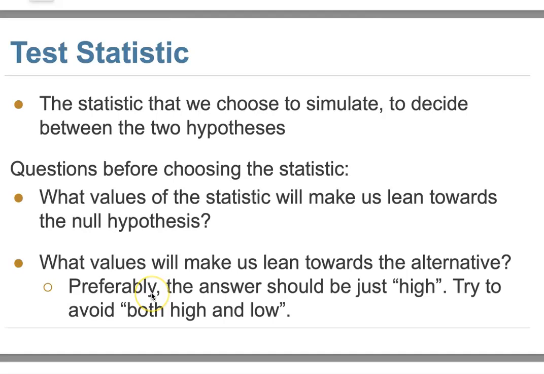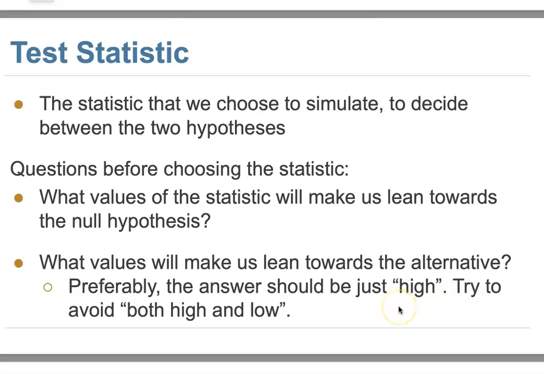Preferably, when we compare the observed data and your simulation result, the answer should be just high, or just low. We want it to point in only one direction. If your observed data could possibly point toward both directions, we need to try to avoid that.